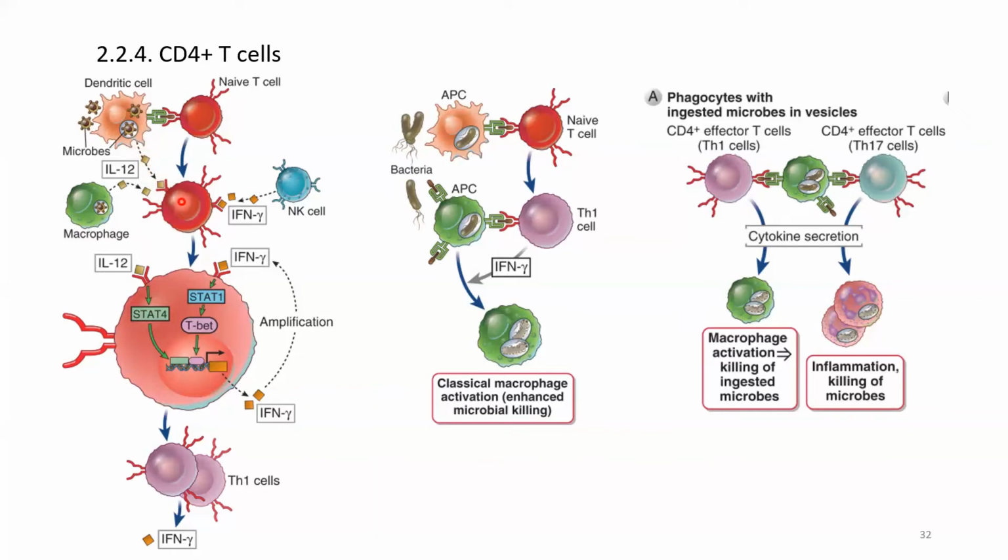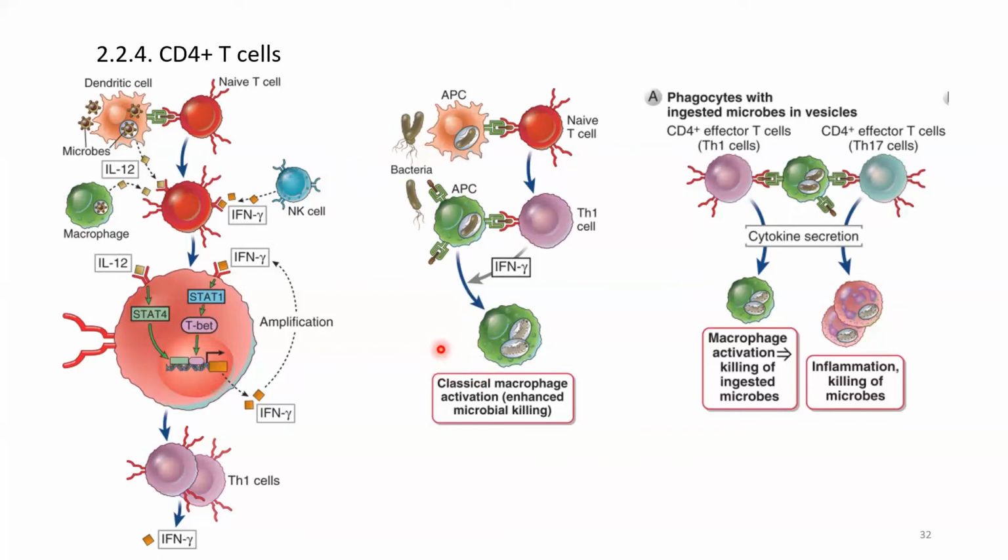This cell can be differentiated and matured by a number of cytokines secreted by macrophages and NK cells, so it can differentiate into T helper 1, T helper 2, or T helper 17.